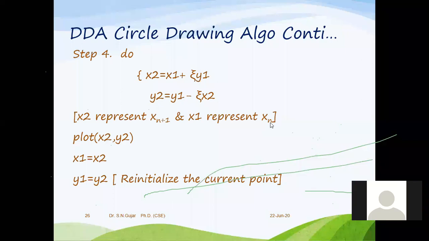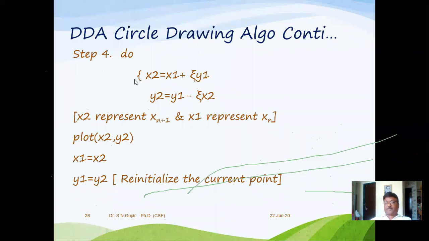Correct? Now plot means that you are going to put the pixel. So put pixel x2 y2 means this point you have calculated, that you have to put. Now after putting this point, again reinitialize the values. So what is the next value? X1 is represented by x2 and y1 is represented by y2.